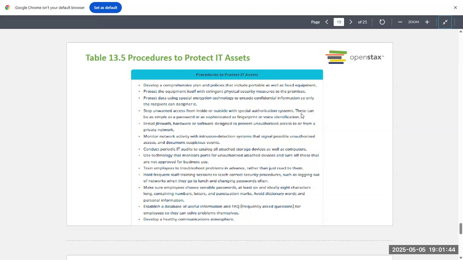So beyond the digital measures, you also need to physically secure your equipment. So locks, surveillance, whatever kind of things, and so forth. Data encryption. There's a lot of things like advanced encryption standards that help protect sensitive data and it helps prevent data breaches.